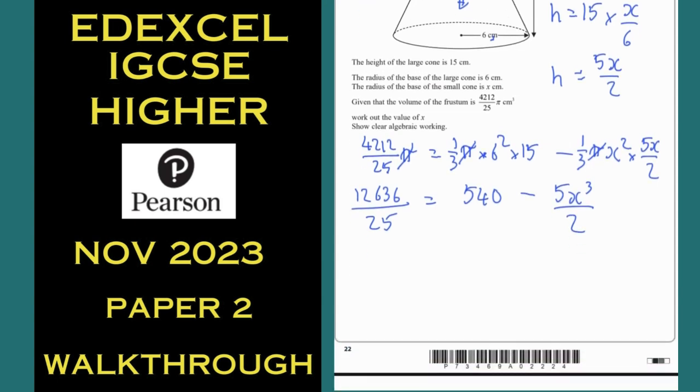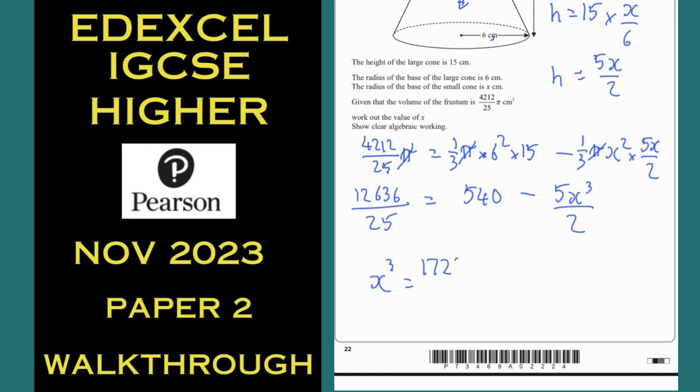It's now quite easy to find x. Start with all that on your calculator: 12,636 over 25. Take away the 540, times both sides by 2, divide both sides by 5.